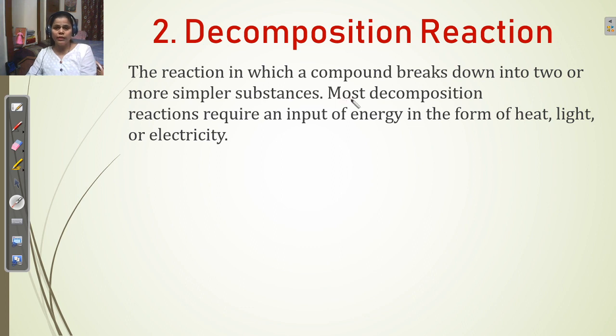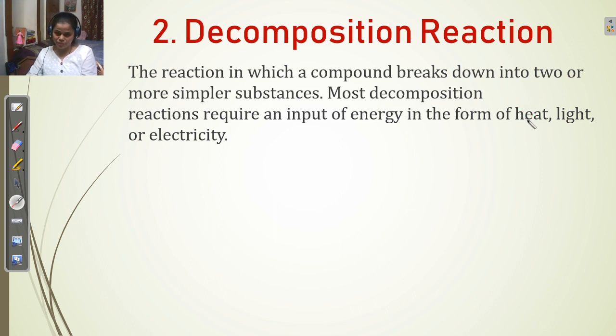Most decomposition reactions require an input of energy in the form of heat, light, and electricity. That means there are three types of decomposition reaction. First, when the decomposition reaction occurs in the presence of heat, it's a thermal decomposition.